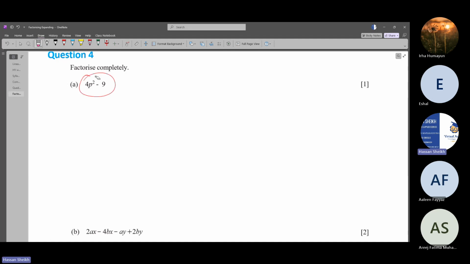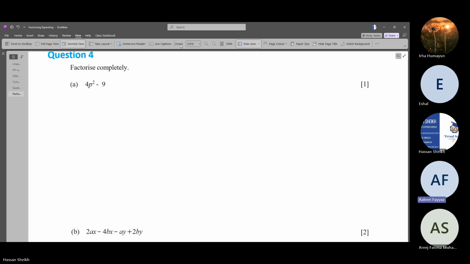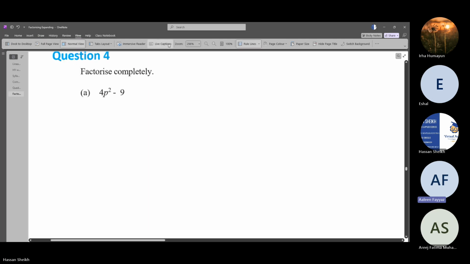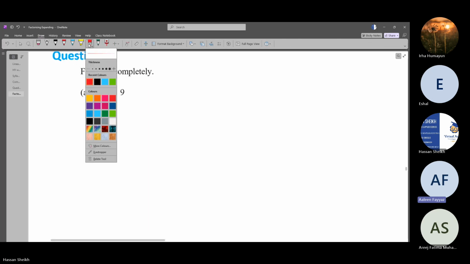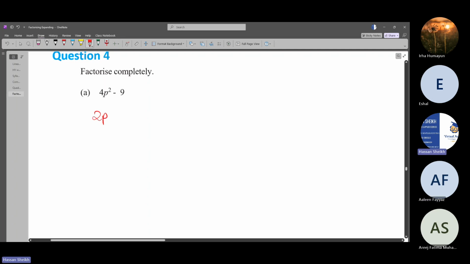So how will you solve this one? We're going to take a squared minus b squared. Okay, what is a here? 2p. Can 4p squared be written as (2p) whole squared?